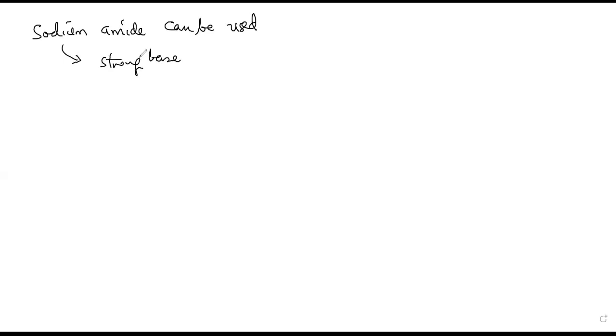It's a very, very strong base. For example, if you have CH2Br CH2Br, and you use sodium amide, NaNH2, in liquid ammonia, still you'll form ethine.